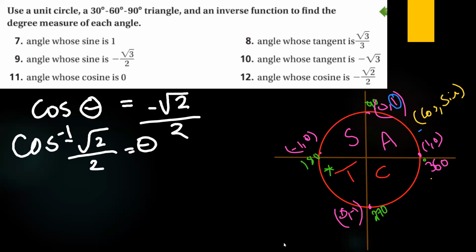To find this angle, what do you need to do? You need first to remember that the angle whose cosine is square root of 2 over 2 is 45. But I need now negative cosine. So where is the cosine negative? It's in quarter 2 and quarter 3.